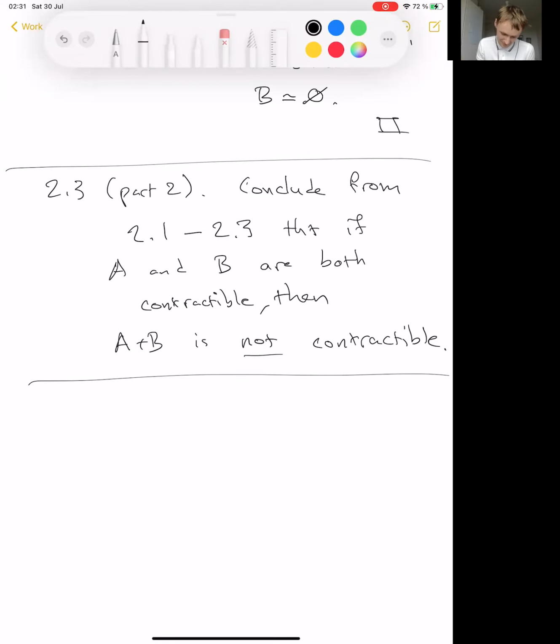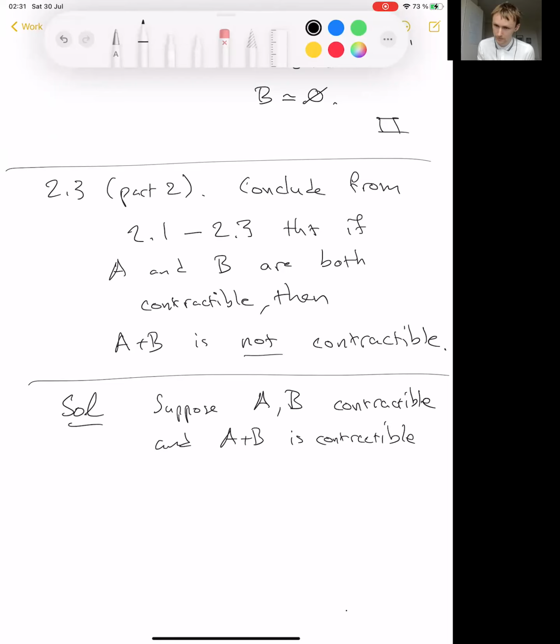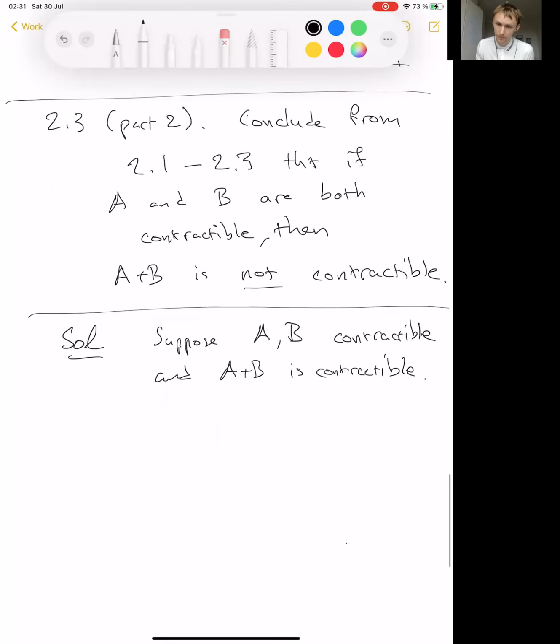So, solution. Suppose A and B contractible, and suppose for contradiction that A plus B is contractible. Well, now we have a diagram like this.